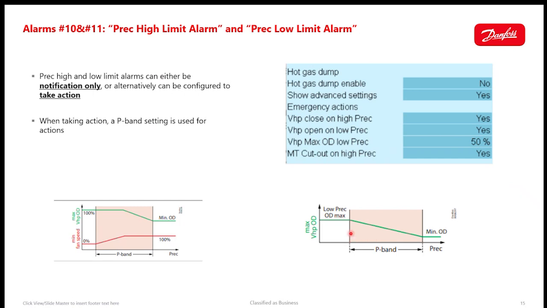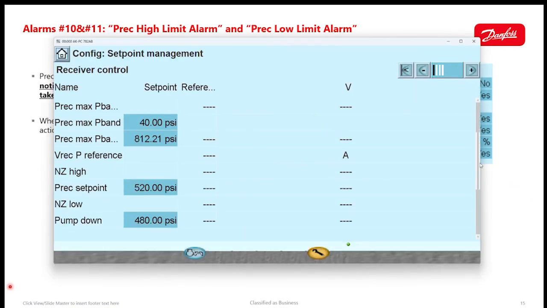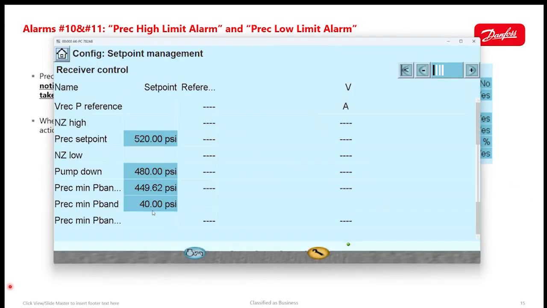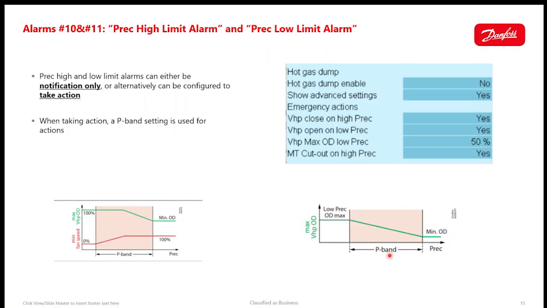Similarly, on the low side, if we're hitting the P-rec min, we had that at 480 in our configuration. We have a P band here as well. We also have this set at 40 psi in our set point management area. So here we're looking to open the high pressure valve to try to force more CO2 into the receiver to build that pressure back up.